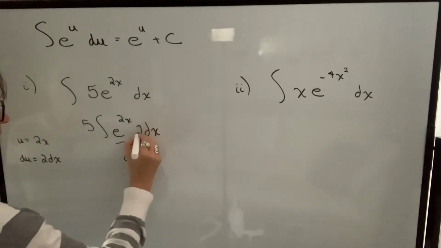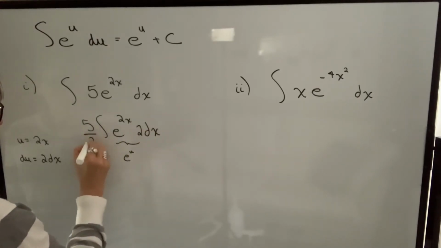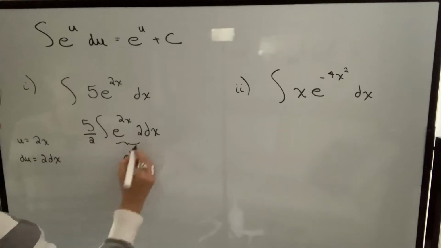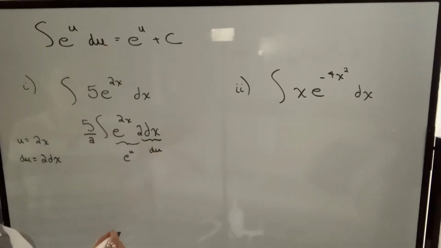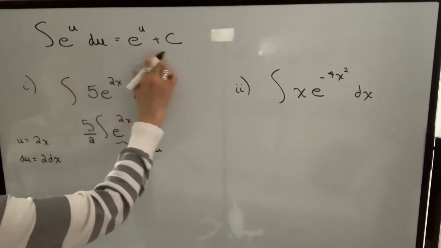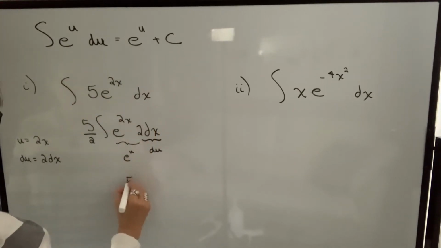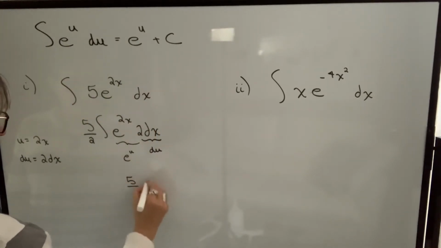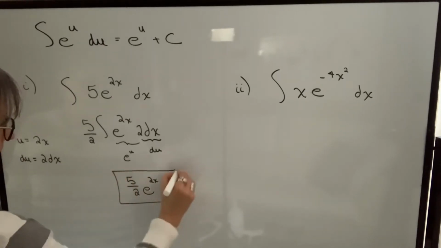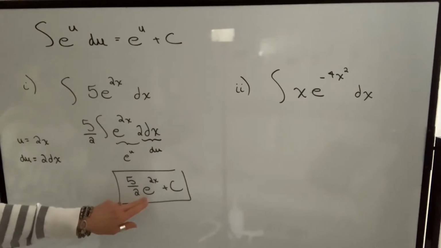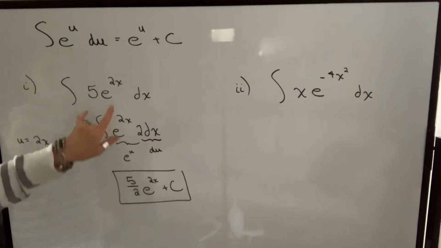If I multiply by 2, as long as I divide by 2, it balances. That's my du factor. So now I can plug into my pattern, and this integral will be 5 halves e to the 2x plus c. You can always check by differentiating this to see if you get this.